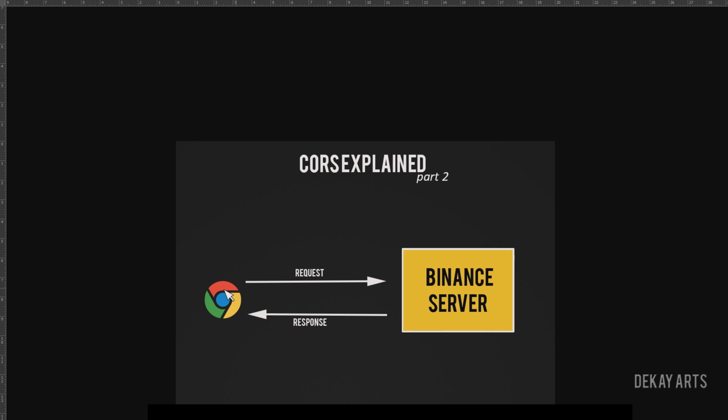So what we did is we tried to call the Binance API from a local HTML page. We sent a request to the Binance server and we got a response back. Because our local HTML file always points to the localhost, which is 127.0.0.1, and the Binance API points to api.binance.com, these two are of different origin.